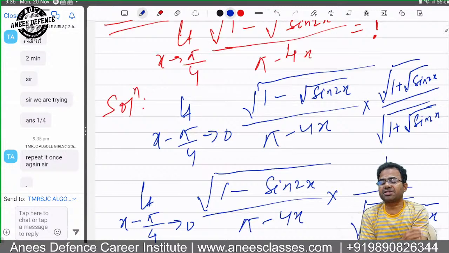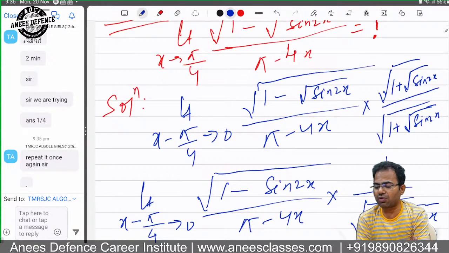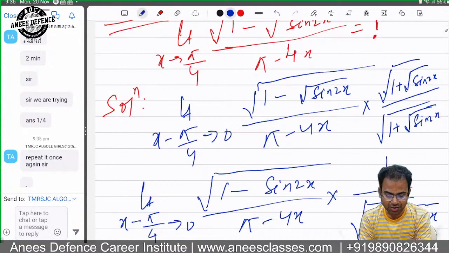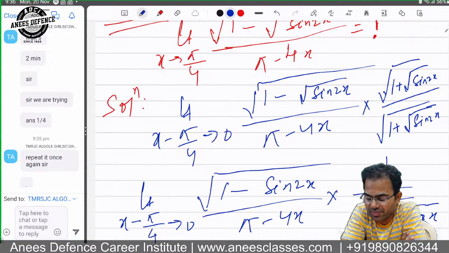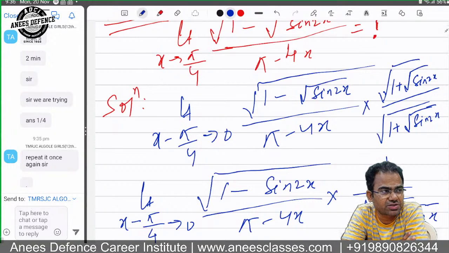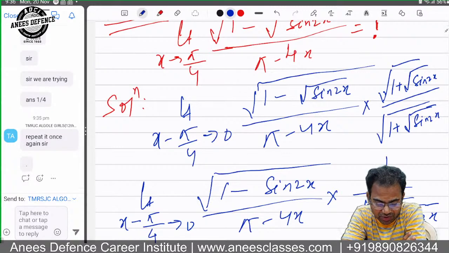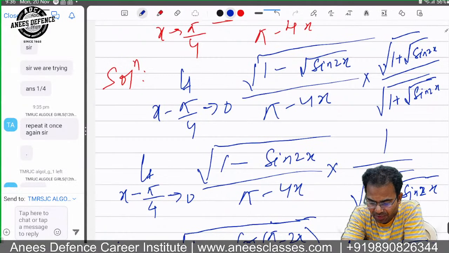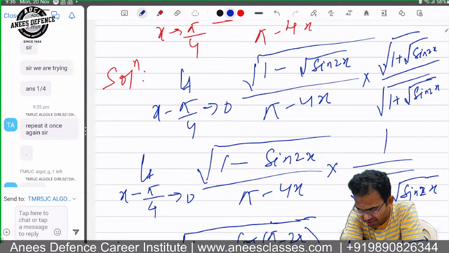In numerator, we can see that inside under root, we have a minus b and a plus b. In place of a, we have 1. In place of b, we have under root sine 2x. So it will be under root a square, that is 1 square, minus under root sine 2x squared, that means sine 2x, okay? Upon pi minus 4x.